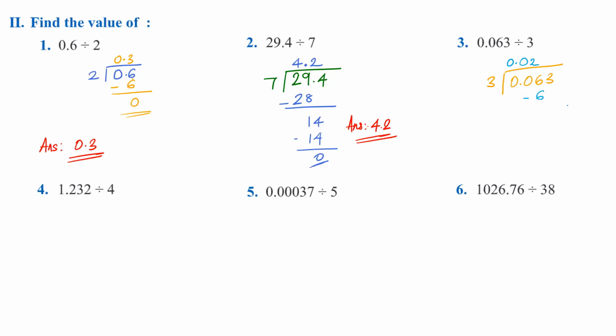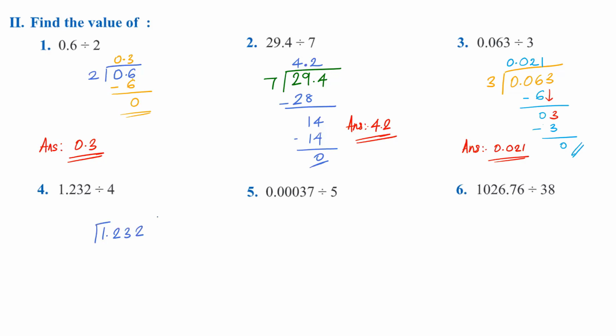If I take the difference, it will be 0. Then carry the 3 downwards. Is 3 divisible? Yes, you will get 1. So here the answer is 0.021. Now the fourth question. Do it fast.